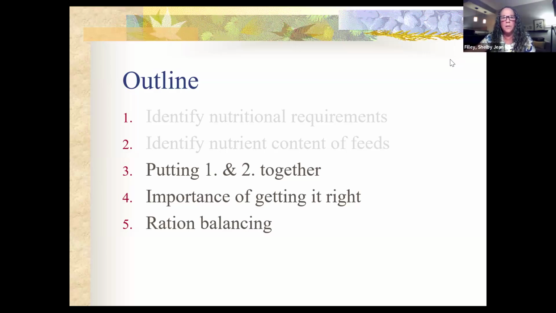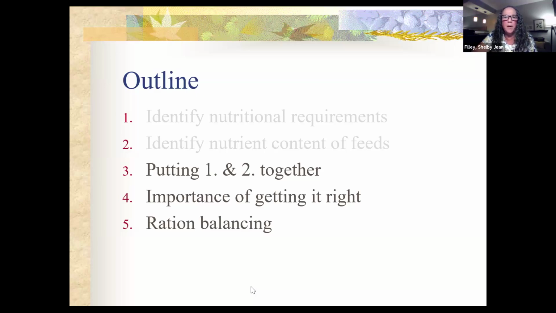At OSU, we have a new publication with lists of laboratories that you can look at. So how do we get a copy of that? I have my contact information at the end of this presentation.